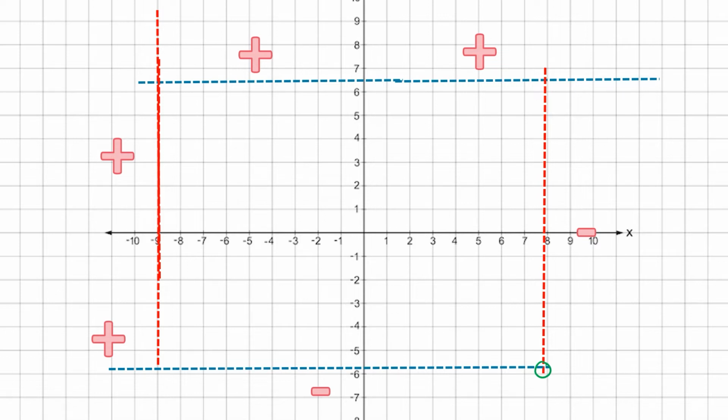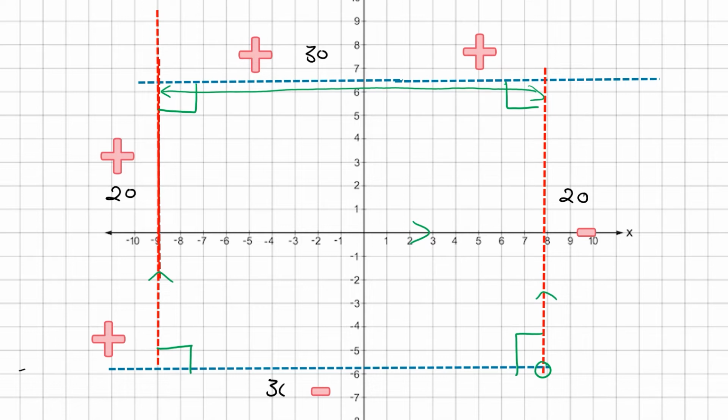We can see that this side is parallel to the x-axis and these two sides are parallel to the y-axis. Since it is a rectangle, all the corner angles are 90 degrees, and also the opposite sides are equal, right? If this is 20, then this should also be 20. If this is 30, then this is also 30. So the opposite sides are equal in a rectangle.